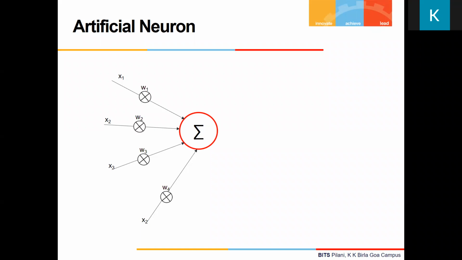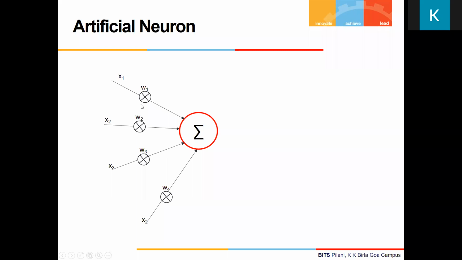Now, another important idea from the biological neuron was that not all connections are of the same strength, right? We discussed that the more synaptic connections, the more the strength. So to bring that idea here, I am introducing the so-called weight.